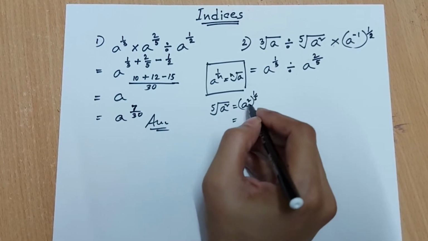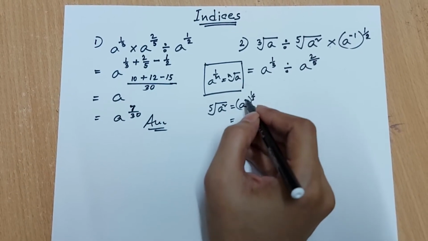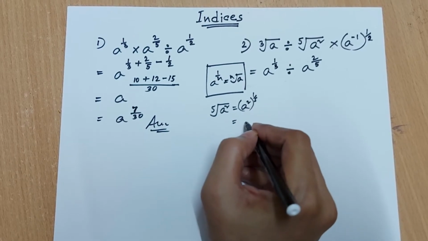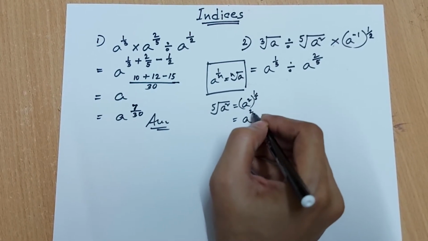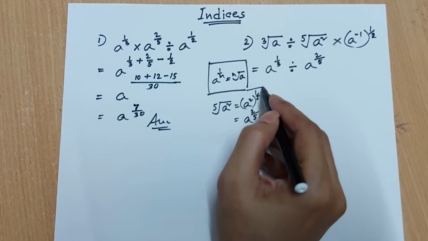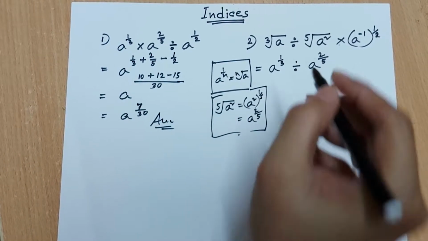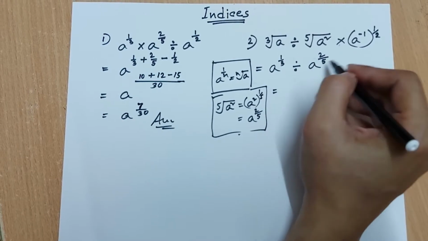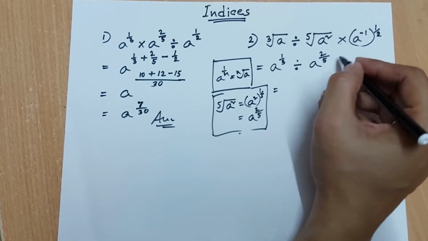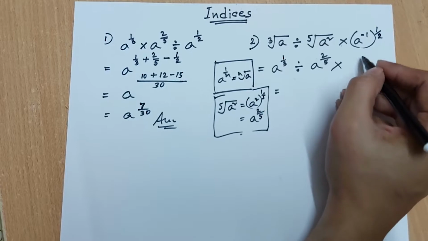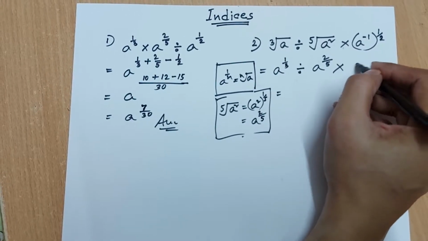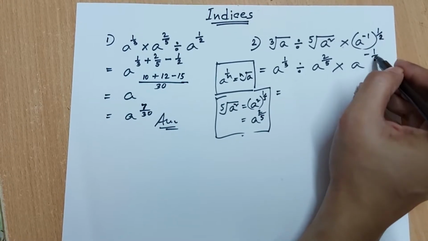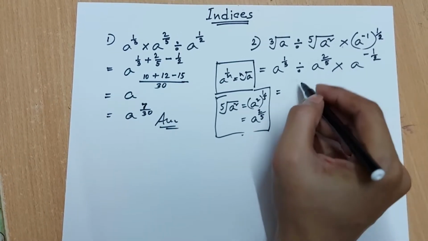So when the base has a power and is raised to another power, then the powers will be multiplied. So 2 into 1 by 5, 2 by 5, and that is the way. So a power 1/3 divided by a power 2 by 5 into a, same story here, a power minus half, minus 1 into half, so minus half.